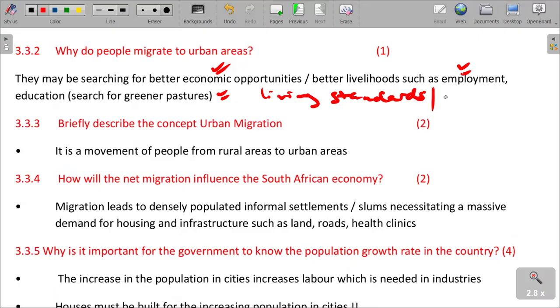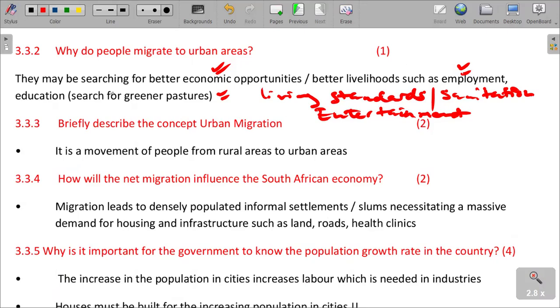We talk about better sanitation. We talk about entertainment. People go on holidays, even to many other countries, in search of better places with scenic views and also entertainment.